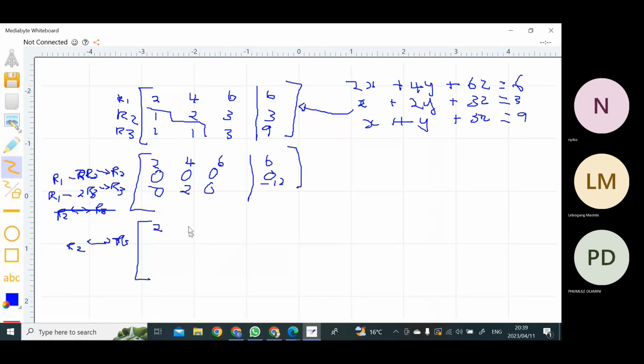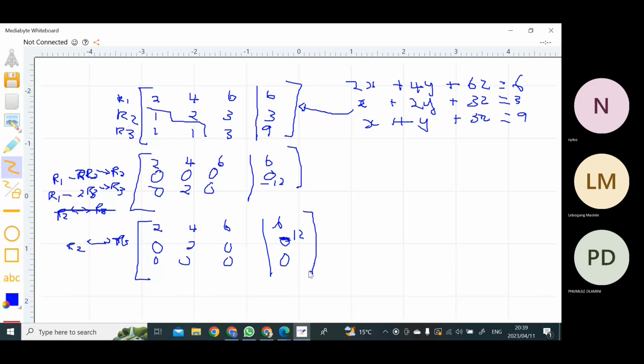So we can recopy the matrix for 2, 4, 6, and 6 there. Then these two, when they exchange, we're going to write 0, 2, 0, and then 0, 0, 0, and sorry, this one is not 0, it's minus 12, sorry. Yeah. Then we are changing these two rows.